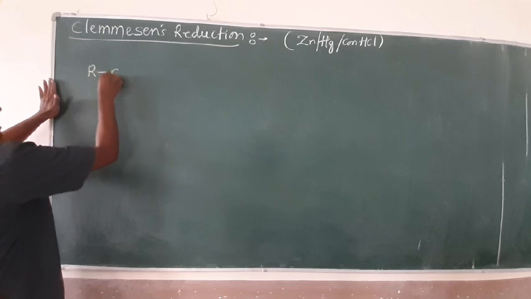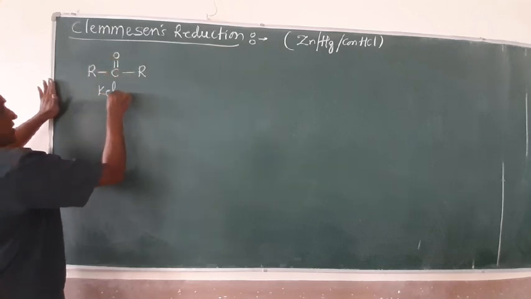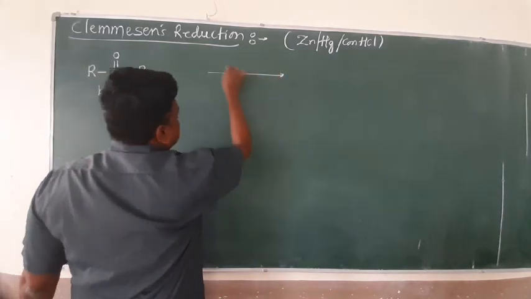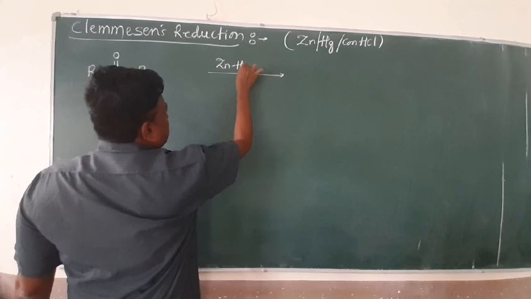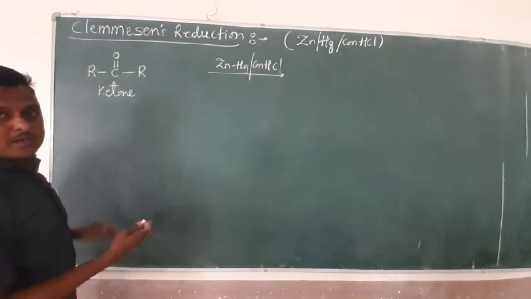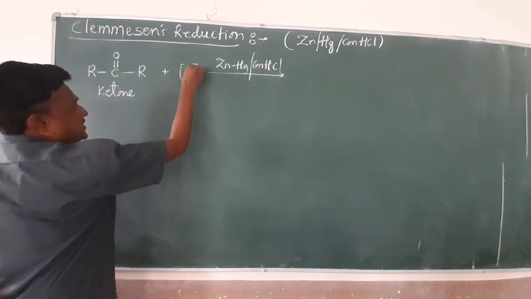This is RC double bond O, a ketone. When this ketone undergoes reaction with zinc amalgam with concentrated HCl, they generate the nascent hydrogen.